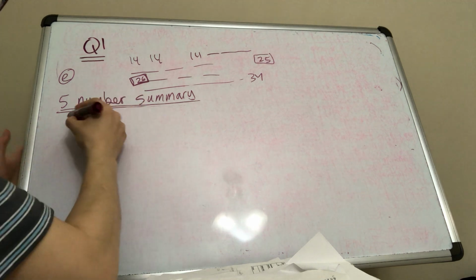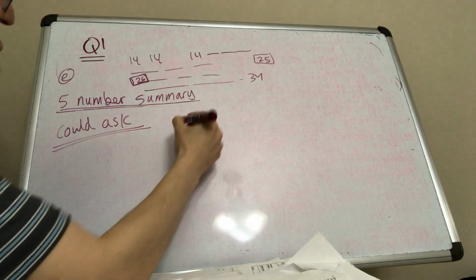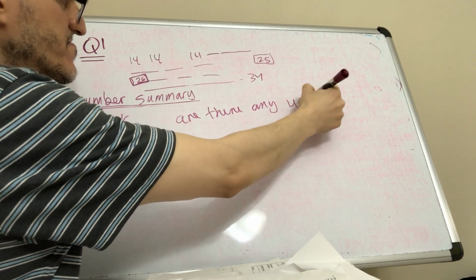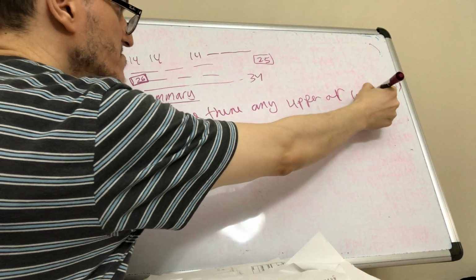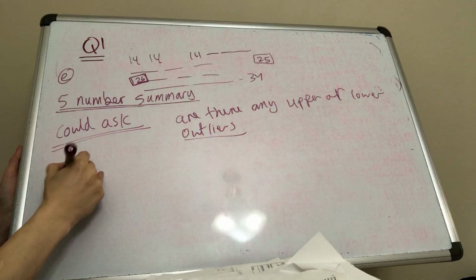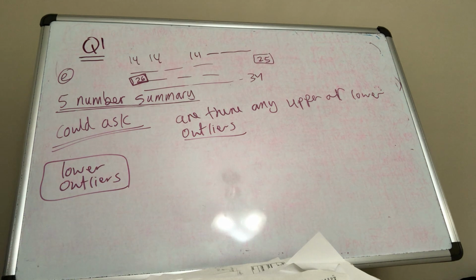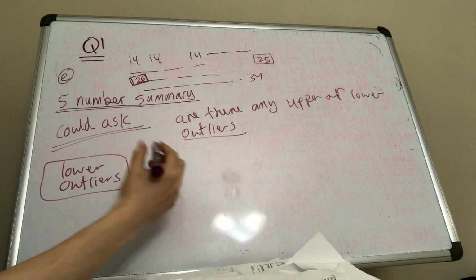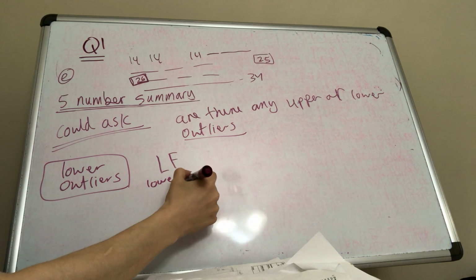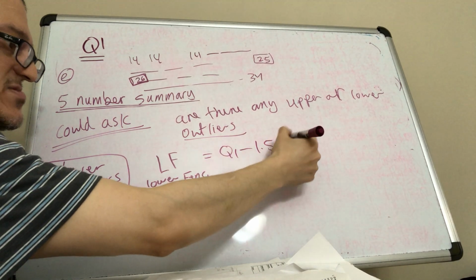Now, this question could also ask, are there any upper or lower outliers? So let's start with lower outliers. Are there any lower outliers? To do this, we need to do what's called the LF, which is the lower fence. You take Q1 minus 1.5 of your IQR.